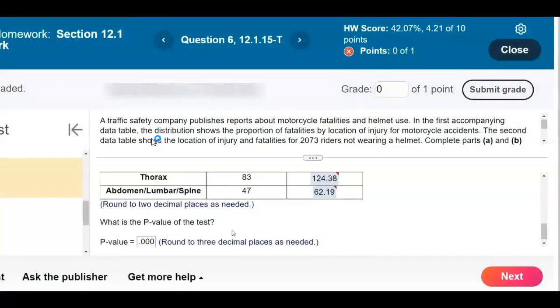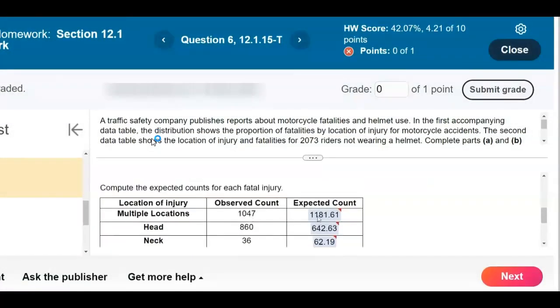That's how you figure this one out. These numbers should be pretty close. Observed and expected should be kind of the same kind of numbers. So if you're not getting similar numbers, that's a clue that maybe you're not doing something right, because the expected is what we're comparing to, to see how similar they are.